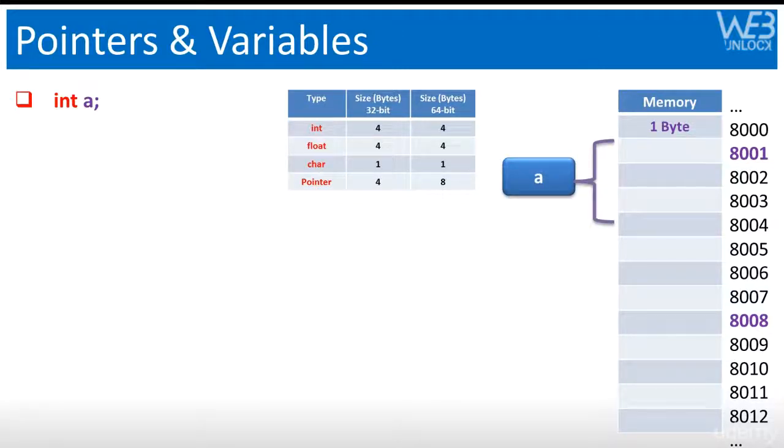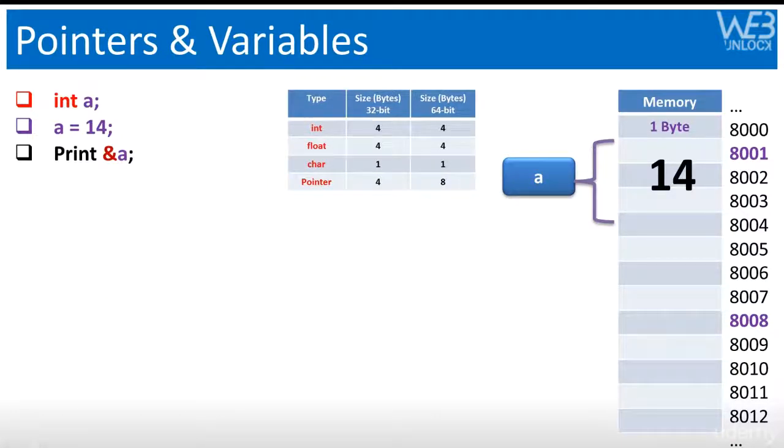An integer A is going to take up 4 bytes, for example, from 8001 to 8004. If we assign 14 to it, it's just going to hold the value here in this memory. Again, remember that this is in binary format, not in decimal. Decimal is just for us to understand.